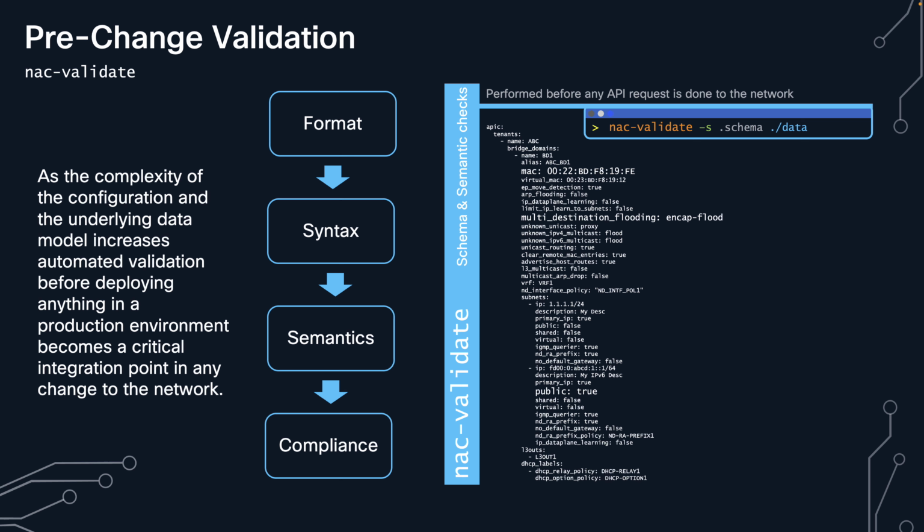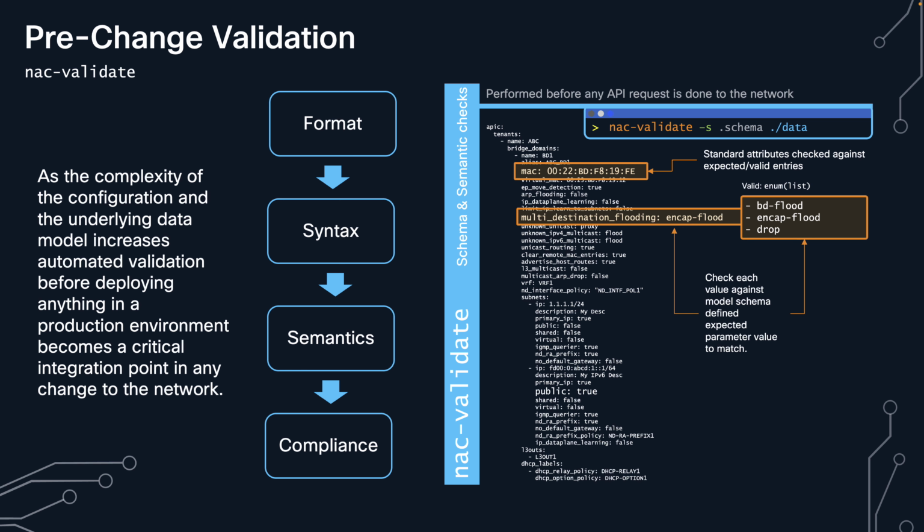Let's take the first really easy example: the MAC address. The MAC address needs to be formatted in a very specific way to be valid inside of the schema. If the user incorrectly enters the MAC address, then the validation code will reject the MAC address and say that this is not a valid configuration parameter.